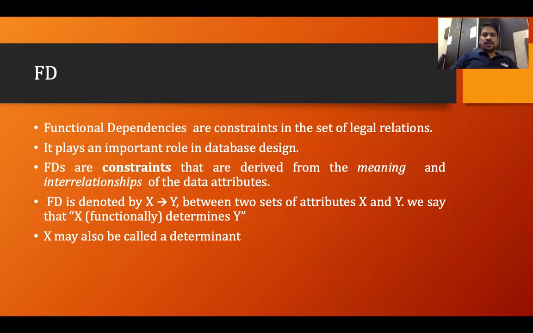Now you must be asking why they are dependent. The answer is they are dependent based on some constraint, and that constraint is nothing but your prime attribute constraint or primary key constraint. We have already learned about primary key, right? So what is a primary key? Primary key is nothing but an attribute which has the capacity to uniquely identify a row.